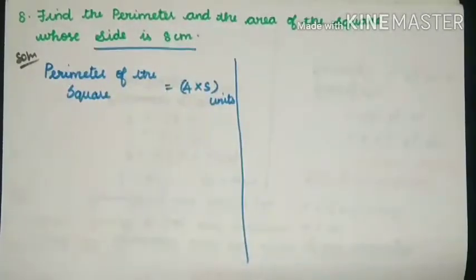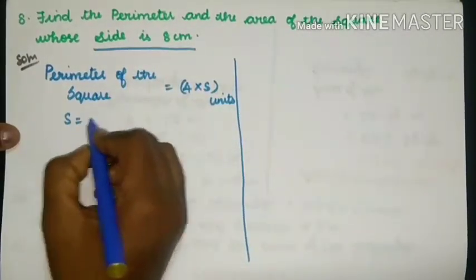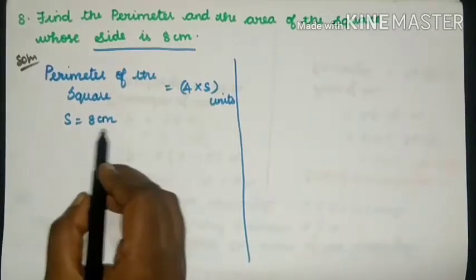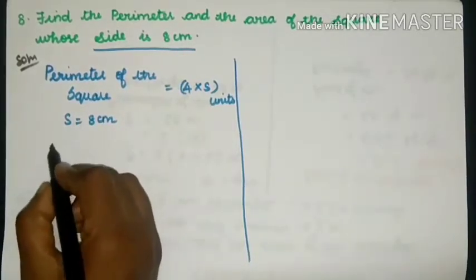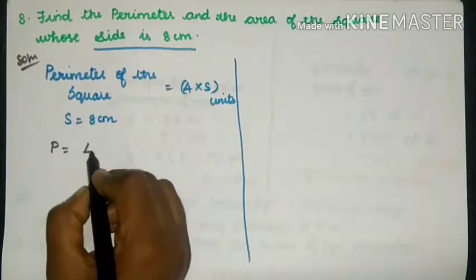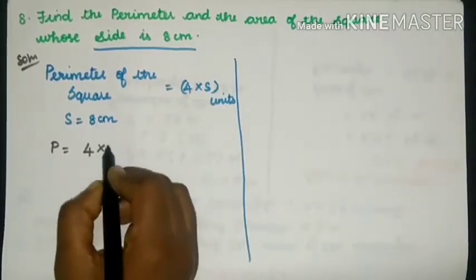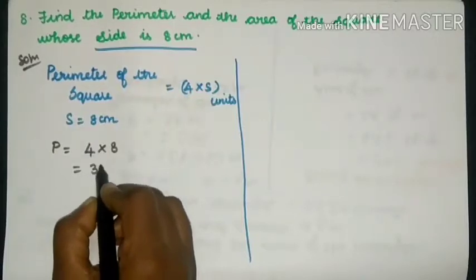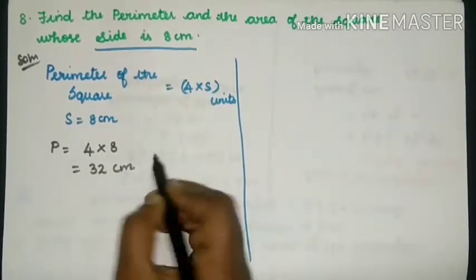Side of the square is given as 8 centimeter. To find the perimeter, you have to multiply 4 by the given side, that is 8. 4 8s are 32 centimeter.